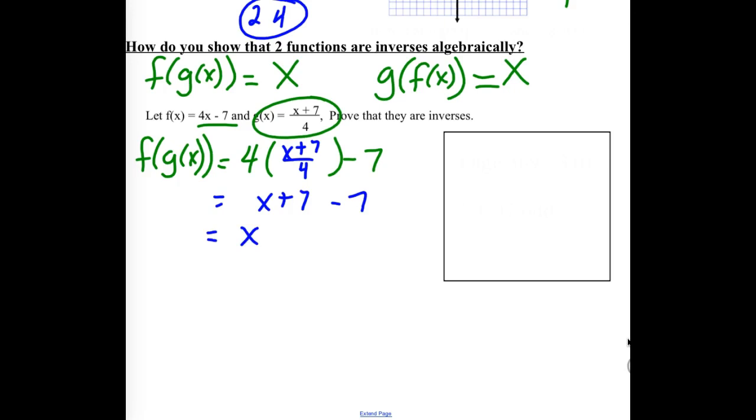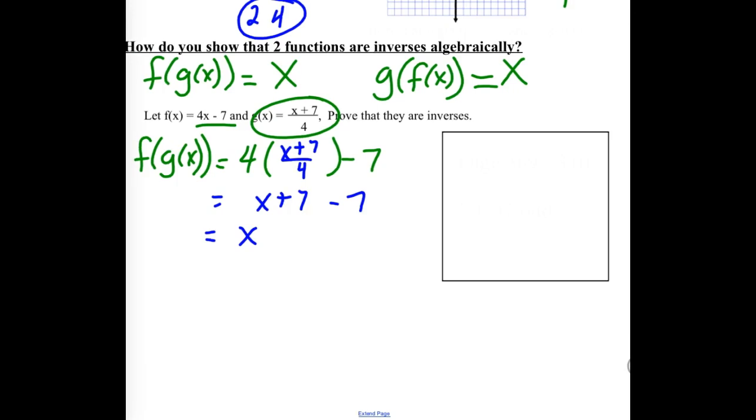Okay? When I do the reverse direction, now I'm going to be doing g of f. I'm going to start with g function, something plus 7 divided by 4. And what am I dumping in? Now looking at this one, what is going to happen first? What's going to be undone?